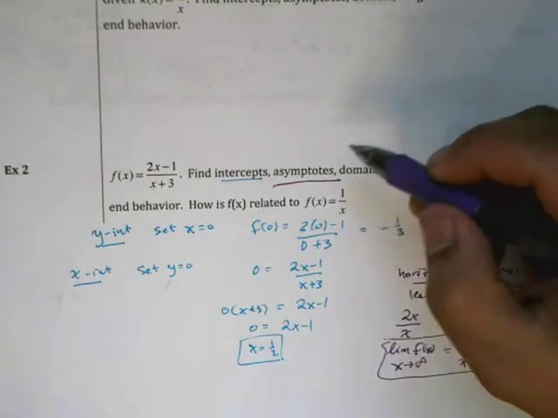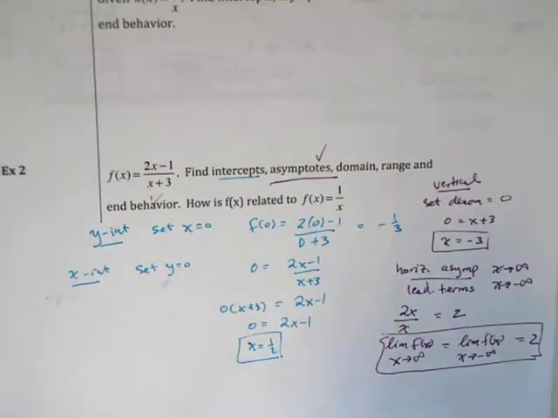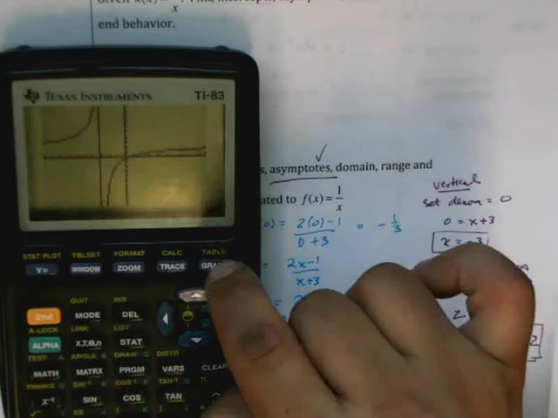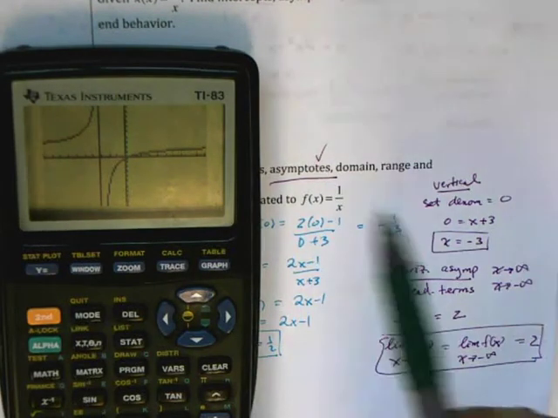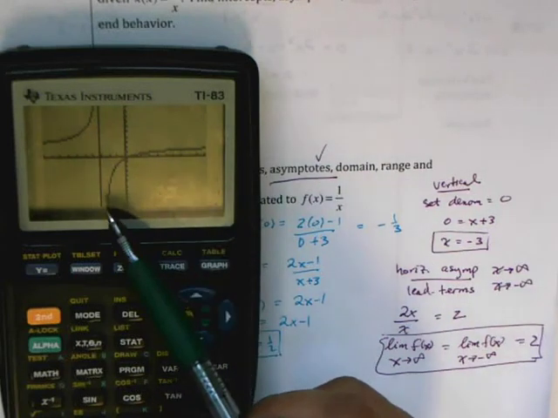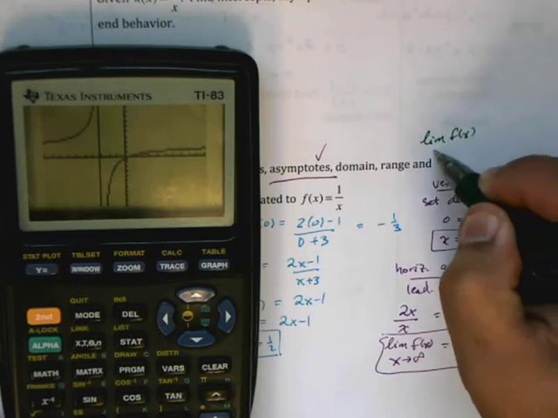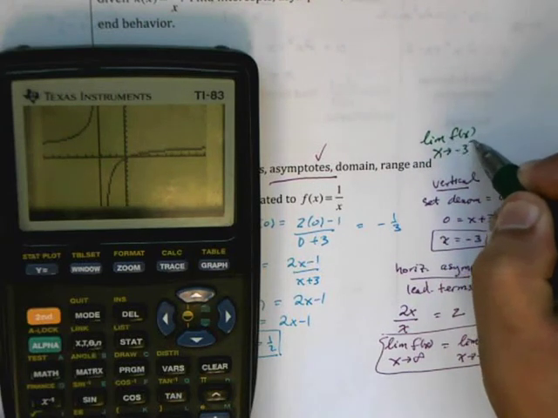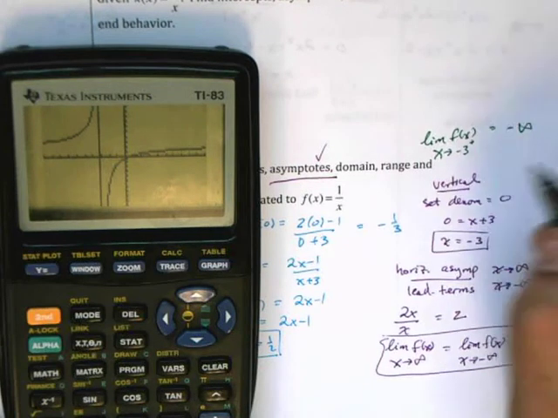So we got the end behavior covered. That's what this is right here. And then we have to figure out the domain and the range and also graph it. If we graph this, you can see that as we approach negative 3 from the right, the limit of f of x as x approaches negative 3 from the right is going to shoot straight down to negative infinity.